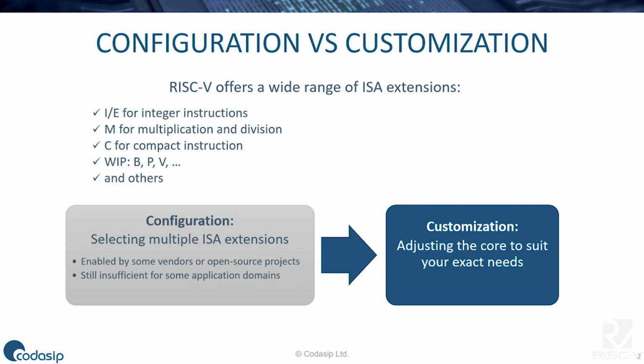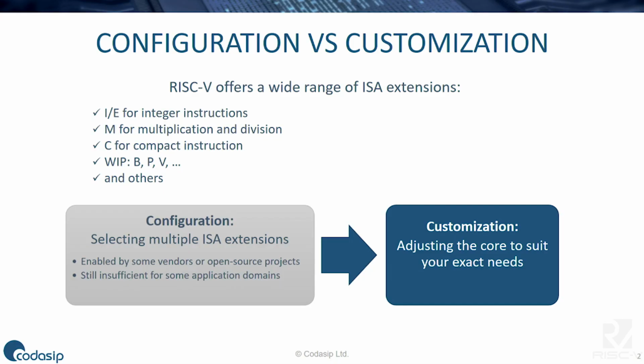It could be another instruction or a bunch of instructions. It can also be some microarchitecture tweak or tweaks that you would like to have there. It can also be security, whatever things you would like to embed into the core. So this is what we call customization. This is the main difference between those two in the CODASIP world. I have some slides on that with some case studies showing what you can get with configuration and what customization brings you. I will talk about this later on.